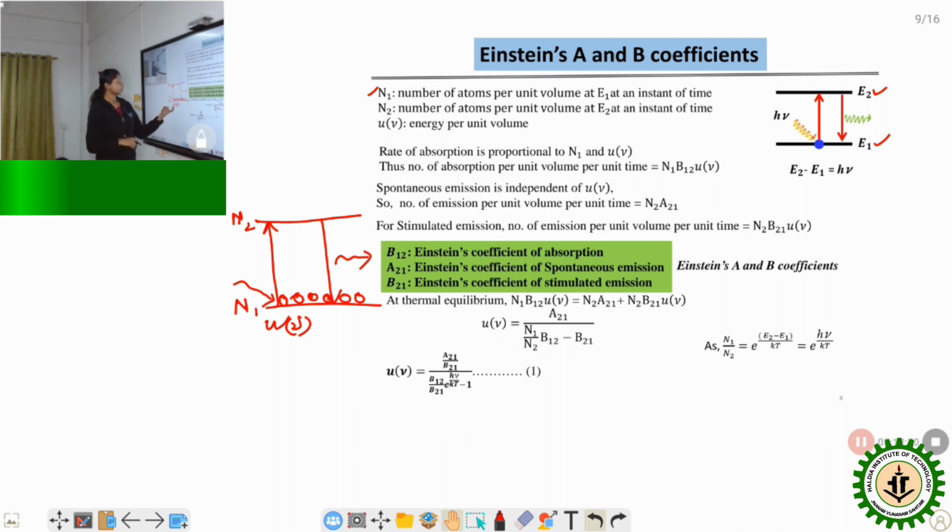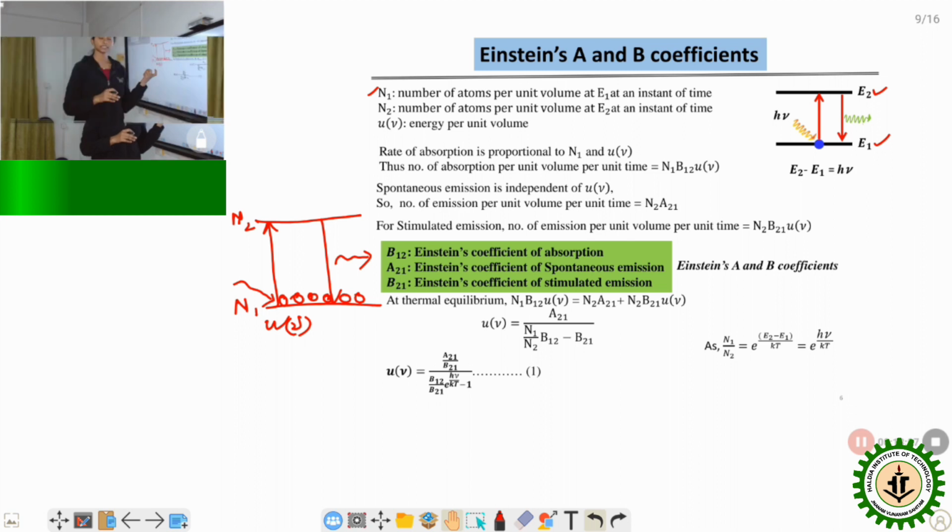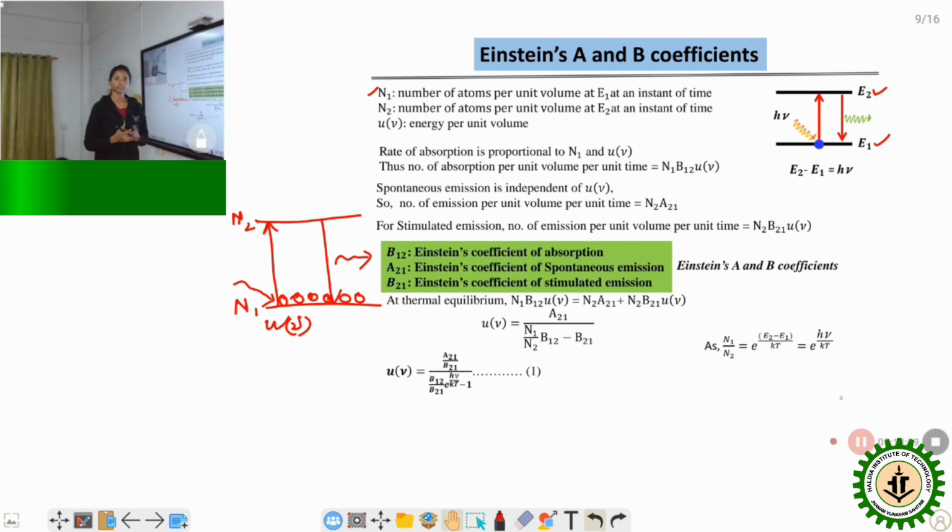Another thing: if there are more atoms, but the density of the incident light is less, then only a few atoms can go to the higher excited state. If you increase the energy density, then more atoms can go to the higher excited state. So the rate of absorption is not only proportional to N1, it is also proportional to U.